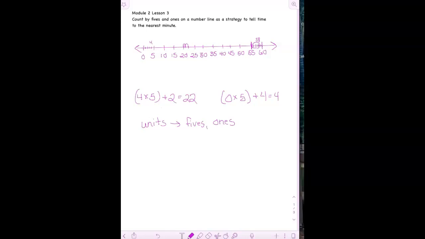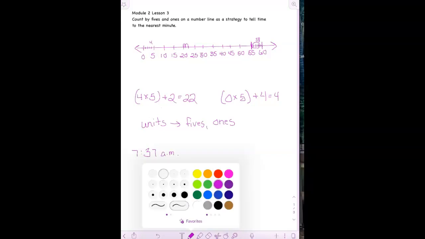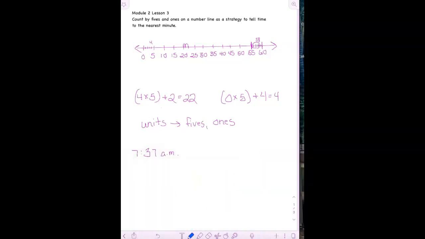So let's pretend that I arrived at school at 7:37 a.m. Let's find the time on our number line. I'm going to change colors here for this one. So we're going to pretend that 0 is 7 a.m. and 60 minutes would be 8 a.m., the next hour, right?